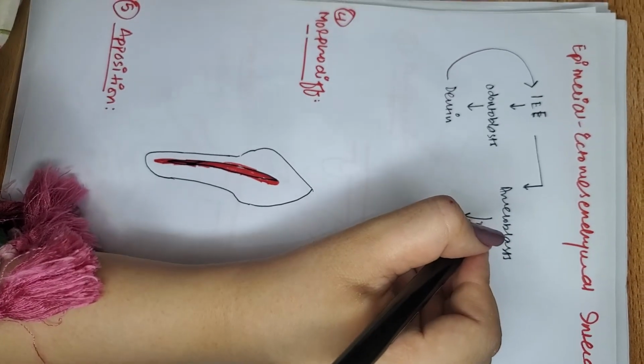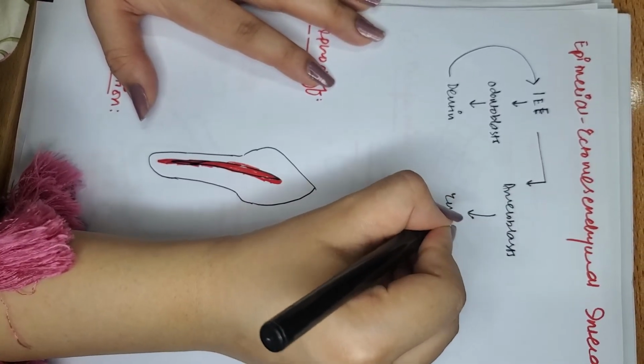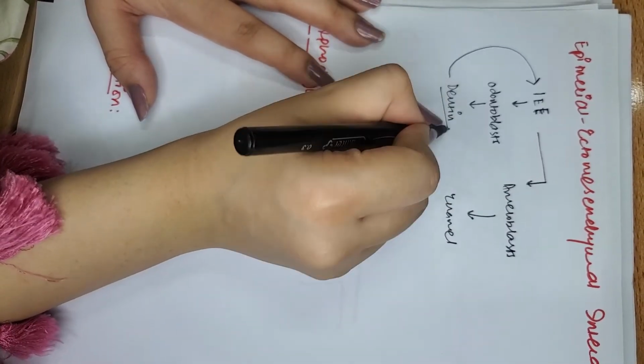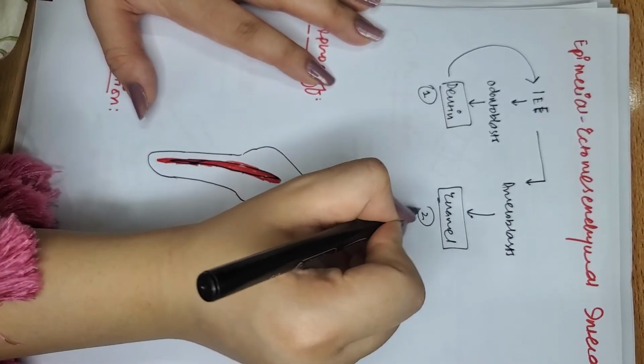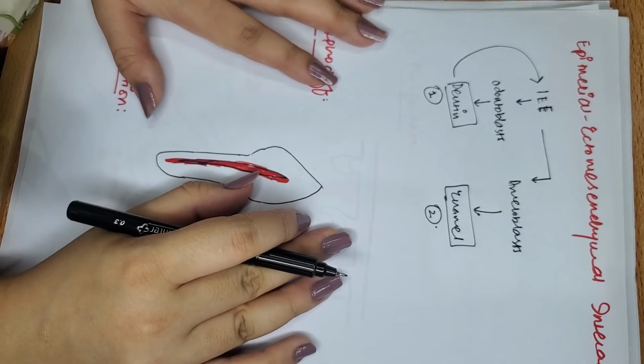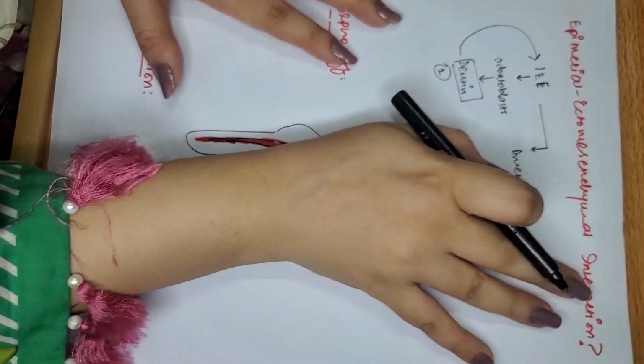They are going to form the enamel. So first of all there is a formation of dentine, then there is a formation of enamel. Alright, this is how the epithelial ectomesenchymal interaction is happening.